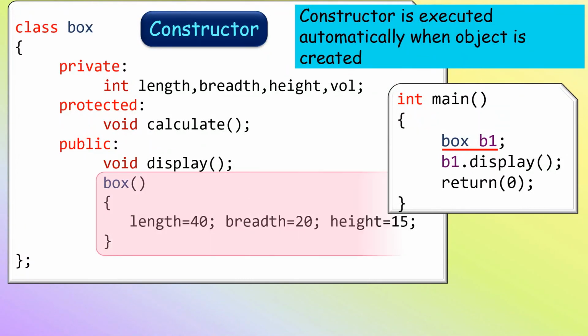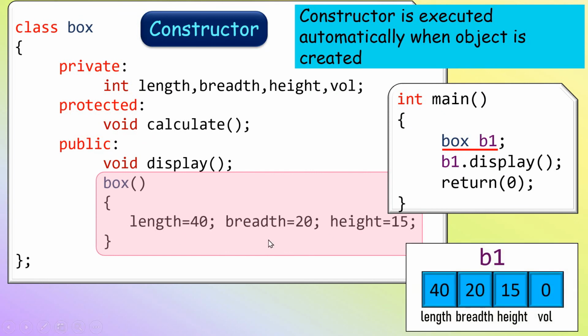So this constructor gets executed automatically and the object B1 is initialized with the values given in this constructor. Length is 40, breadth is 20 and height is 15 and wall gets the default value 0. Also note that the constructor is defined under public access specifier.